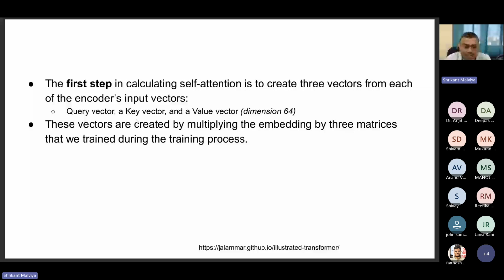That's why these three vectors play a very important role in identifying the attention. The query and key find the weight, and the weighted aggregation of the value vectors gives us a better representation, a better attention, for the given word.